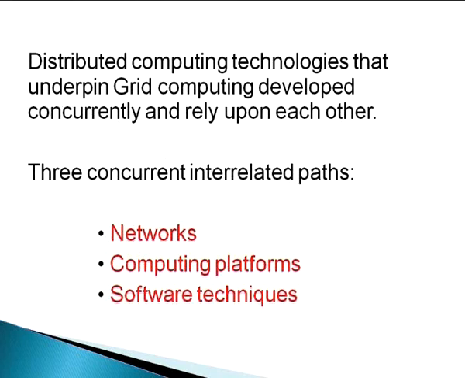The distributed computing technologies that underpin grid computing developed concurrently and rely upon each other. There are three concurrent interrelated paths: one is networks, the computing platform, and the software techniques.